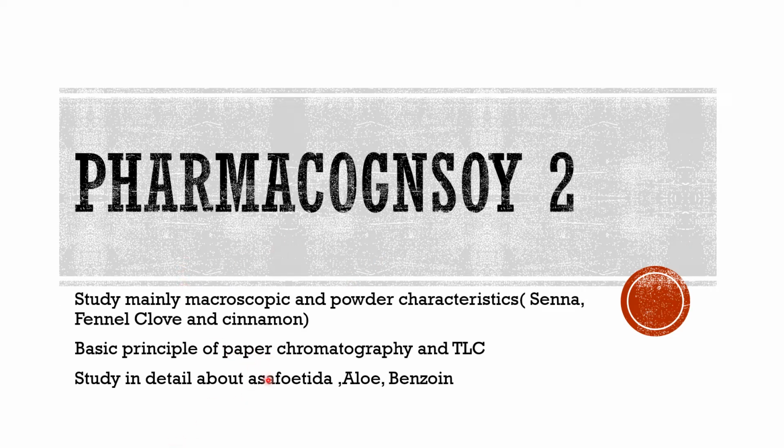In Pharmacognosy, there is a similar pattern for the first 7 to 8 drugs, that is senna, fennel, coriander, cinchona, cinnamon, and clove. You have to study the macroscopic and powder characteristics.